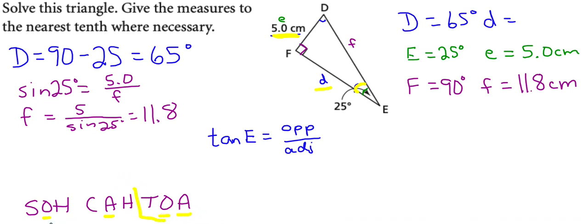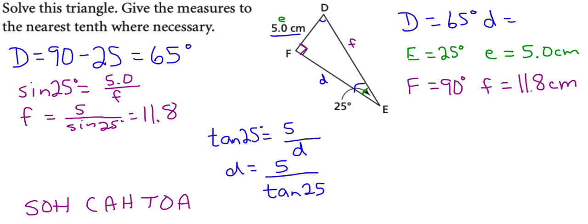So we have the tangent of E equals opposite over adjacent. Substitute the 5 and the 25 and the D. Multiply both sides by D, divide both sides by tan 25, and you'll get D equals 5 divided by tangent of 25.